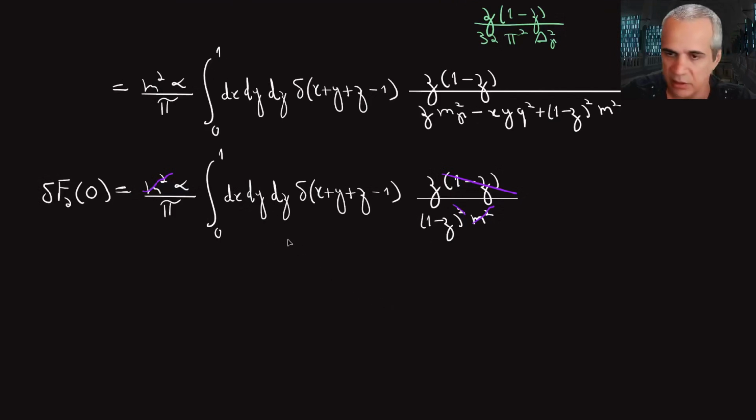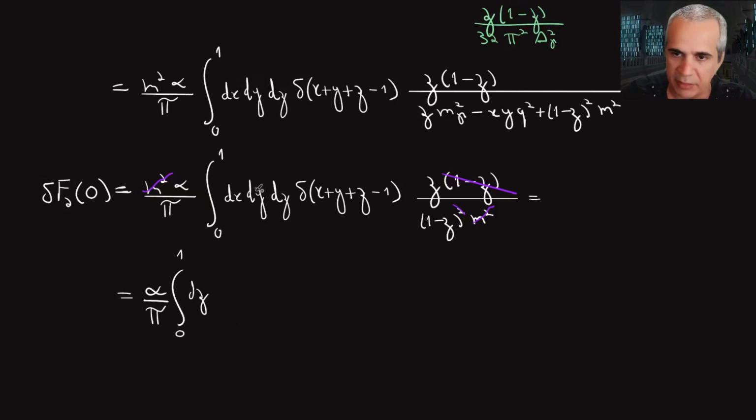First, you just use the Dirac delta, and that gives us an integral of alpha over pi, integral from 0 to 1 dz. I did the integral in x first.